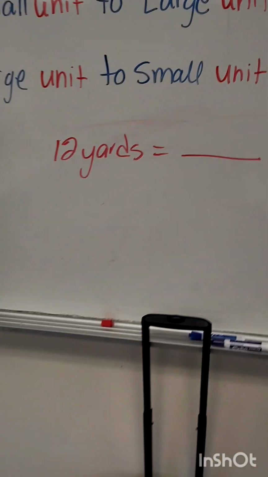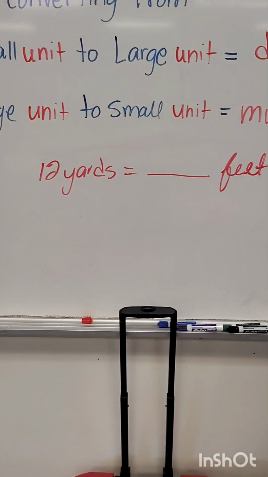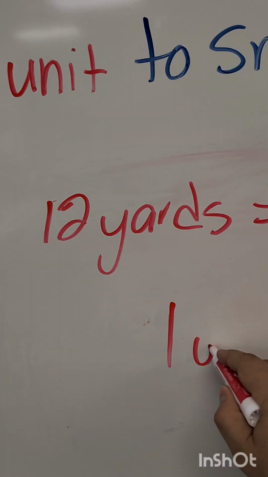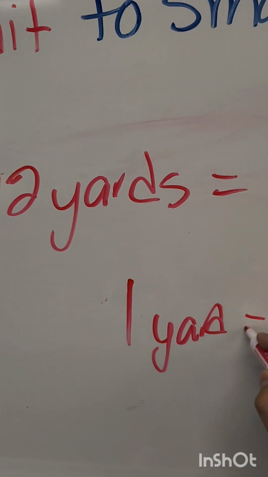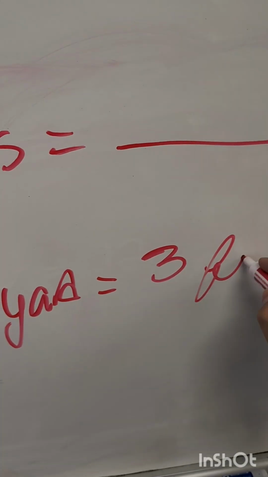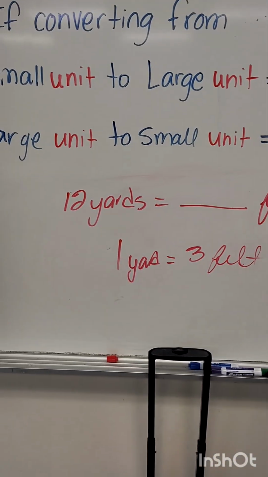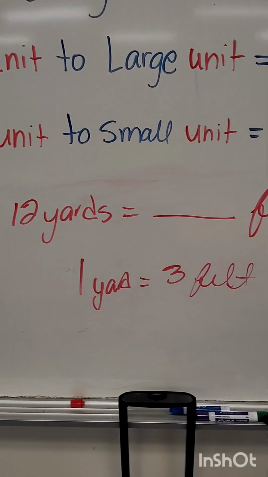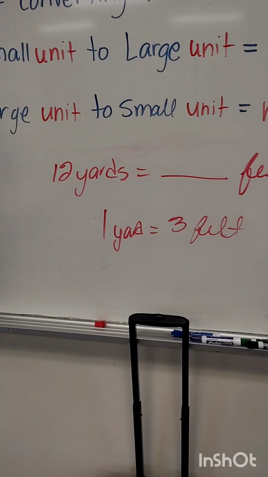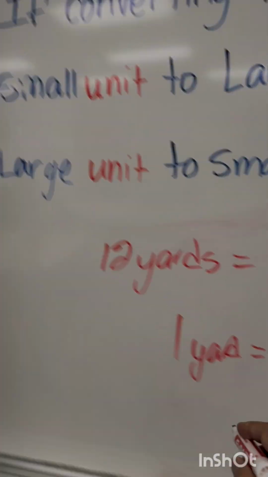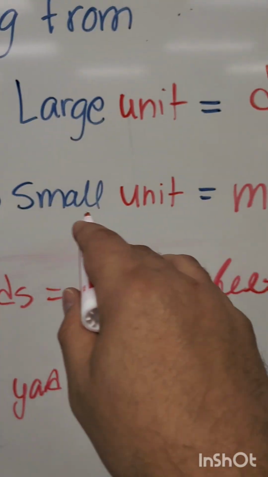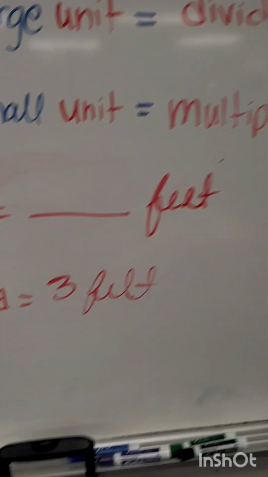Now, the one thing that I need you all to remember is that for every yard, it's equal to 3 feet. And excuse my writing here. So now I know, larger unit into a smaller unit, I have to multiply.